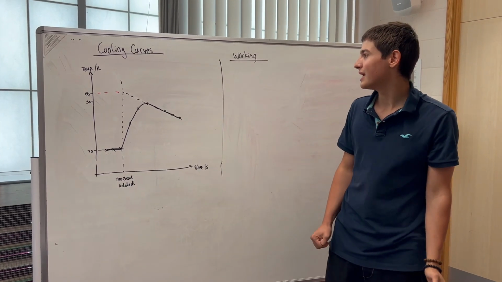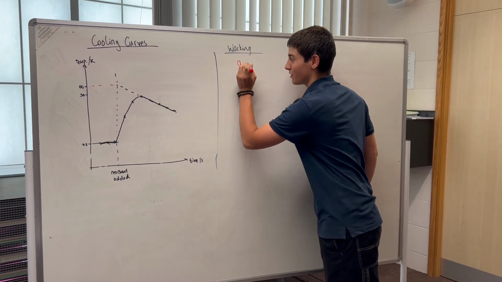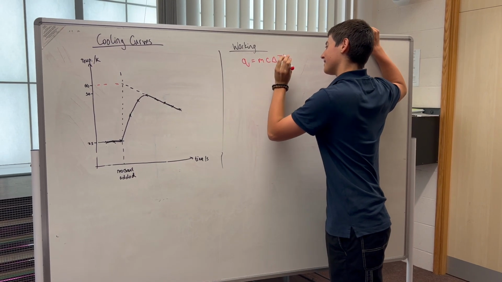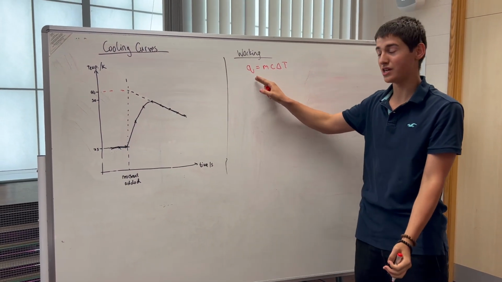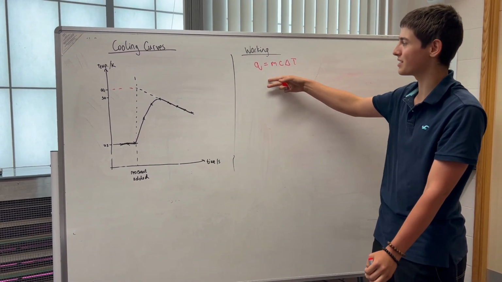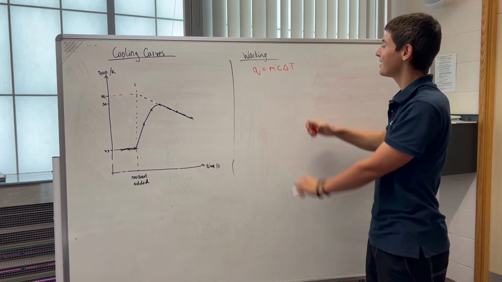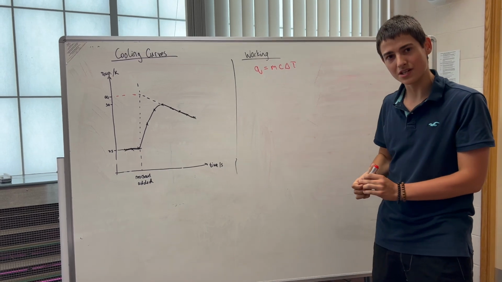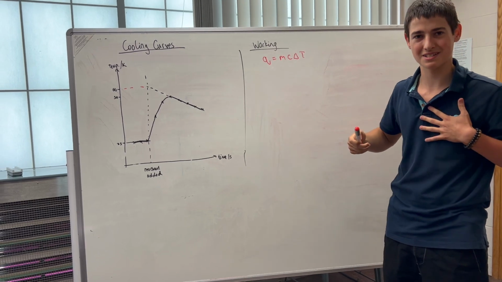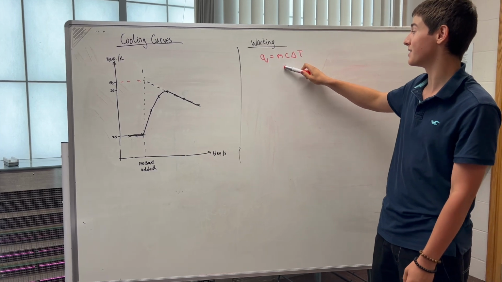It's really important, as you know, the equation Q equals mc delta T, right? Q is the energy, m is the mass, c is the specific heat capacity, and delta T is the change in temperature. The specific heat capacity is the amount of energy to increase 1 kilogram, for physics, but for us chemists, 1 gram of a substance by 1 degree.